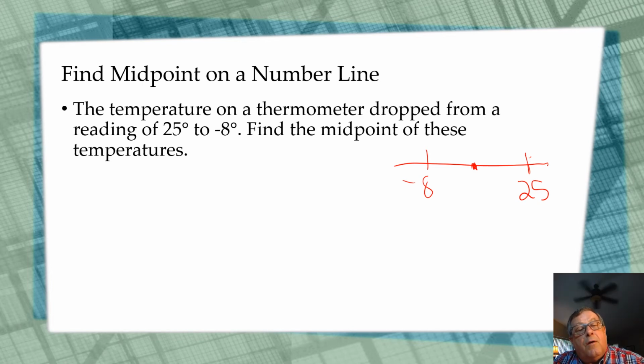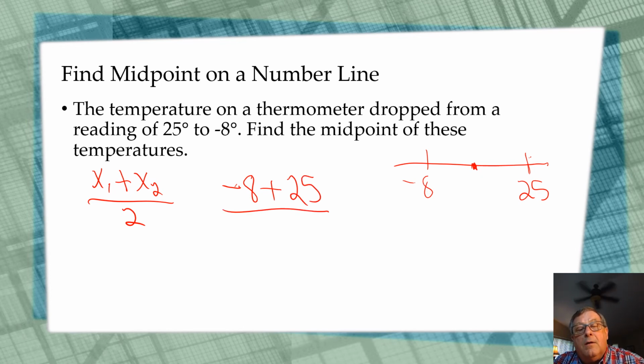So remember, our formula for finding the midpoint is x1 plus x2 over 2. Let's fill in our values. x1 is -8 plus 25, x2, the two values we have on the number line, and then we divide that by 2.